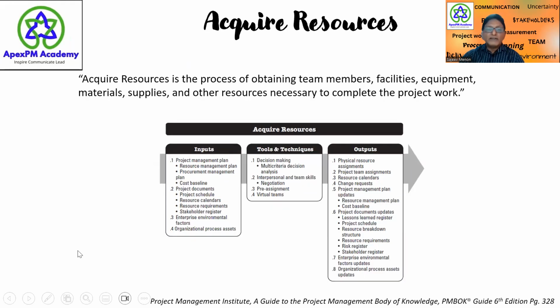This is the acquire resources process, where you have the same project management plan and project documents. Now the tools and techniques here are decision making, as well as interpersonal and team skills. And the outputs are your physical resource assignments, the resource calendars, and project management plan updates.